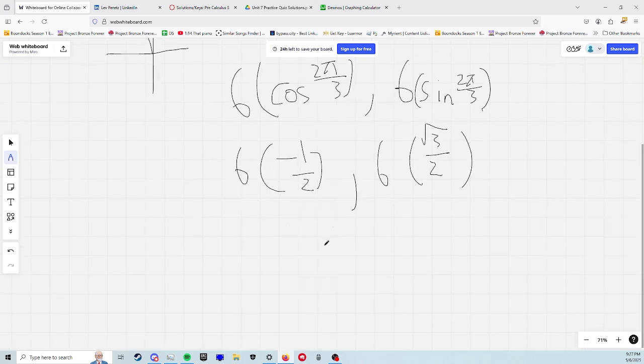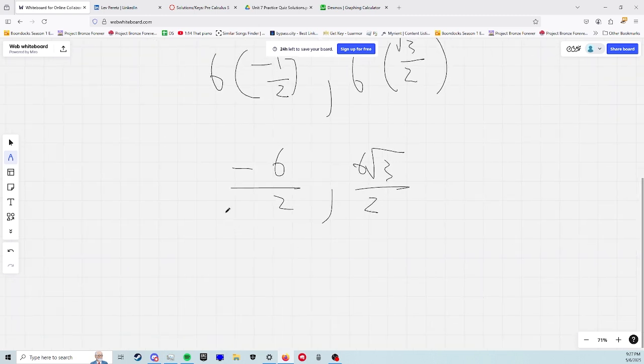Now all we're doing is multiplying it out. So negative 6 over 2, comma, 6 root 3 over 2. You further simplify this into negative 3, and then this cancels, 3 root 3. So this would be your answer.